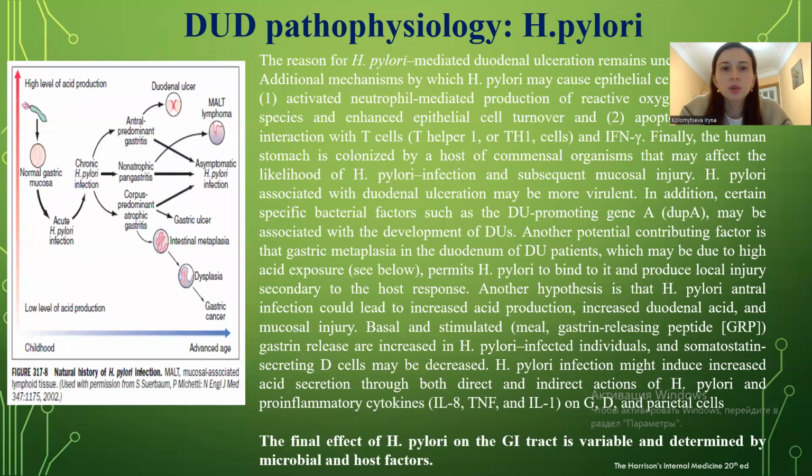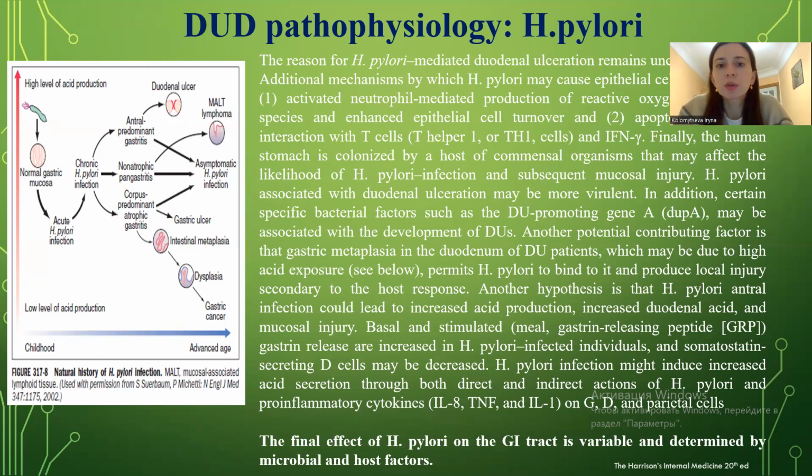And duodenal ulcer pathophysiology. The reason for Helicobacter pylori-mediated duodenal ulceration remains unclear. Additional mechanisms by which Helicobacter pylori may cause epithelial cell injury include activated neutrophil-mediated production of reactive oxygen or nitrogen species, and enhanced epithelial cell turnover and apoptosis related to interaction with T cells and interferon gamma.